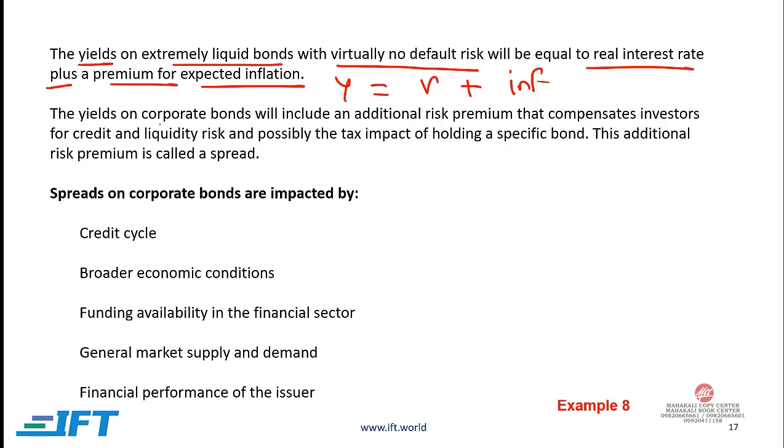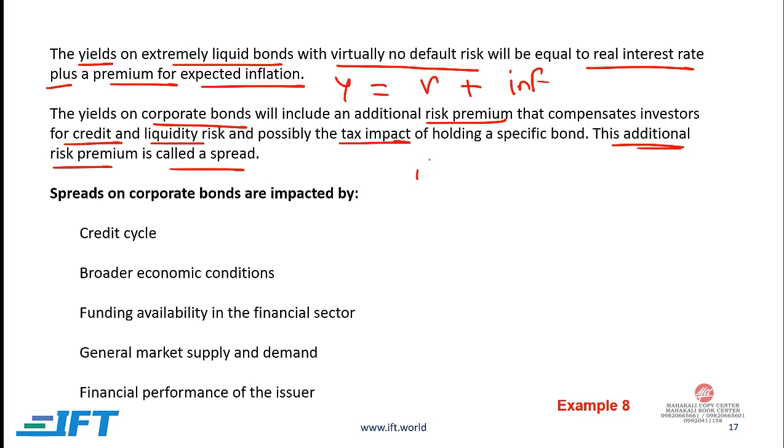The yields on corporate bonds will include an additional risk premium that compensates investors for credit and liquidity risk and possibly the tax impact of holding a specific bond. This additional risk premium is called a spread.